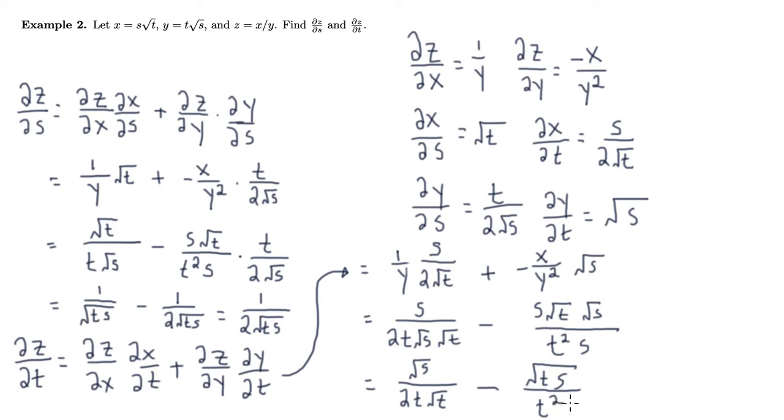And that's good enough. So there is the partial z partial s right here, and then partial z partial t is right here.